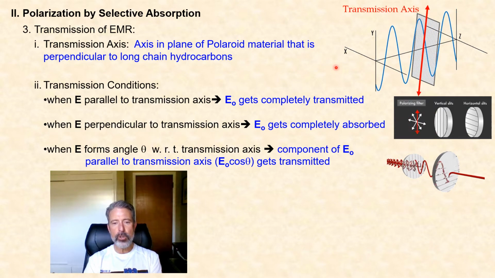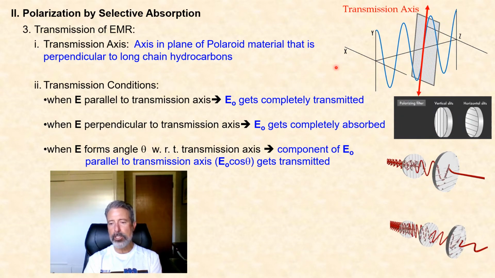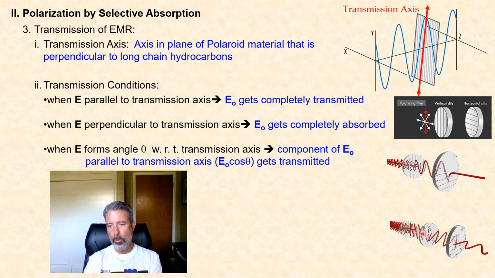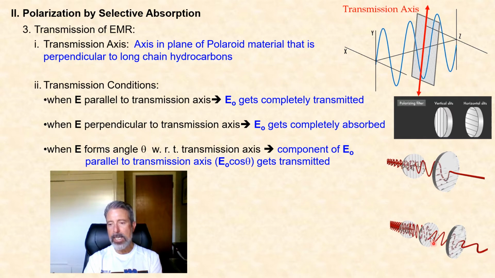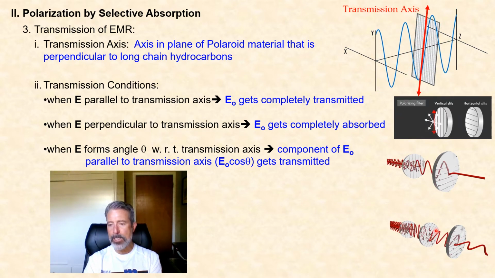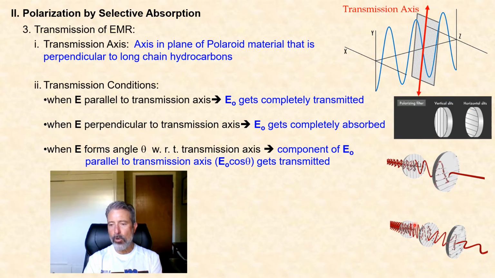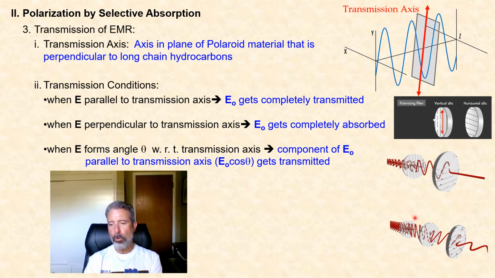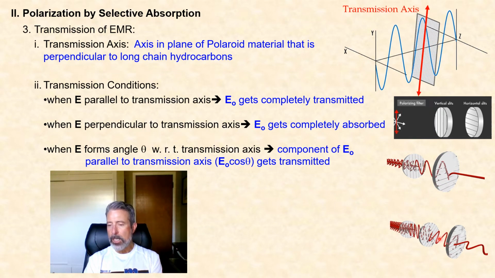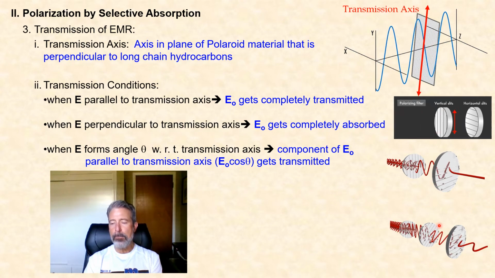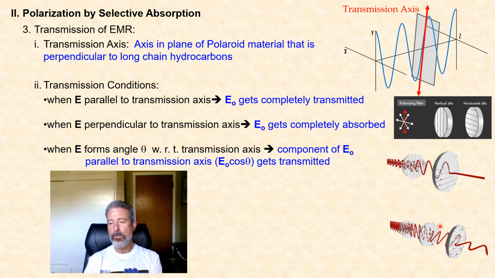So we can try to show that with this simulation here. You'll notice unpolarized light strikes your first filter, polarized light comes out of the other side, and the second piece of Polaroid material here has its transmission axis at an angle with respect to the direction of polarization. And what comes out then is a component of the wave.